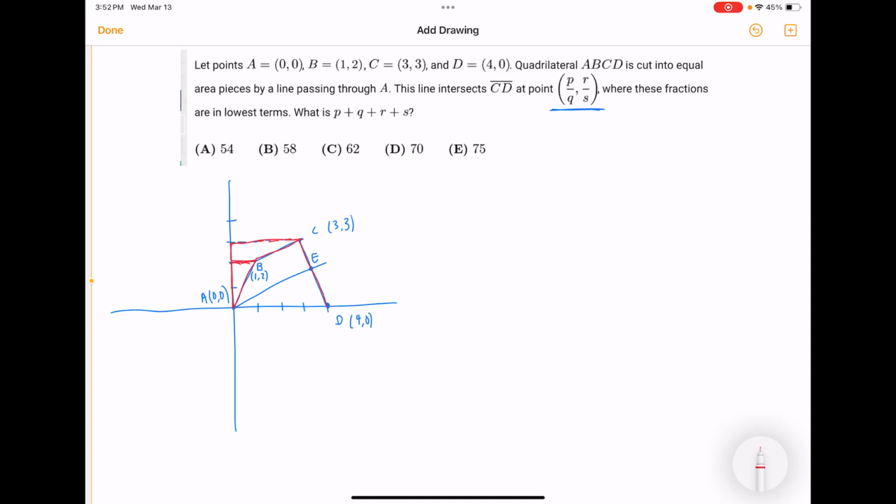Because we know the coordinates of the 4 points, that means that we know most of or all of the lengths that we need to solve for the area. Starting off with this length, we know that it is 3 because it reaches point C and C has an x-coordinate of 3. Then I'm just going to quickly label all the lengths.